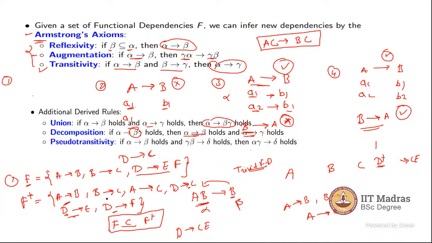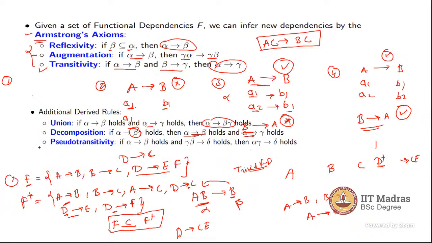But one problem that you will face further while you learn is that there is a process where you minimize the functional dependency set. That is, F is a functional dependency set given to you, right? Now, F plus, which we also call F closure, is the set of functional dependencies which we can create using F. All the functional dependencies that can be created using F by applying the Armstrong rules is F closure, which will have all the dependencies possible.